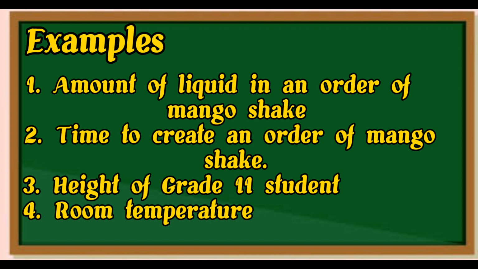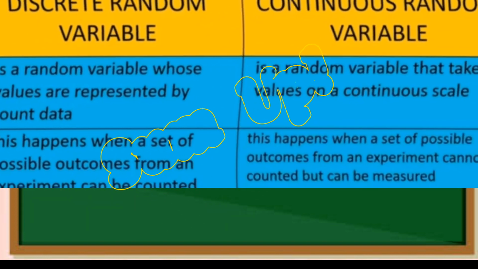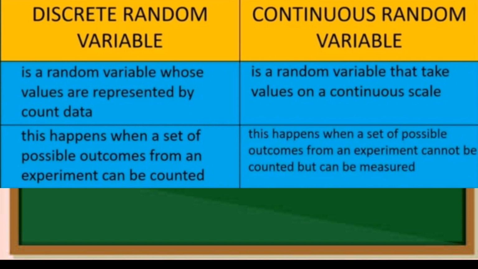All these are measurable amounts, and these are examples of continuous random variable. Let's summarize what we know about discrete and continuous random variables. A discrete random variable is a variable which can only take a countable amount of values. A continuous random variable can take any values within a range, including fractions and decimals, regularly measurable amounts.